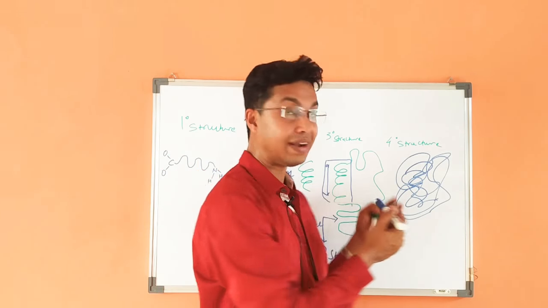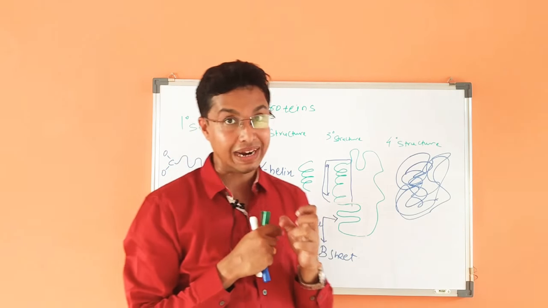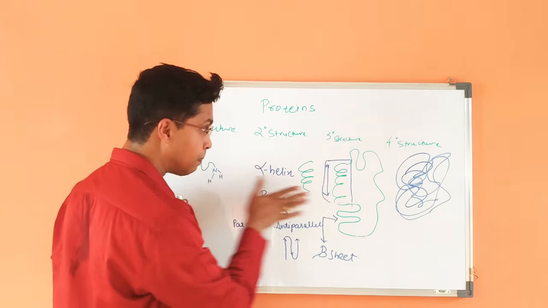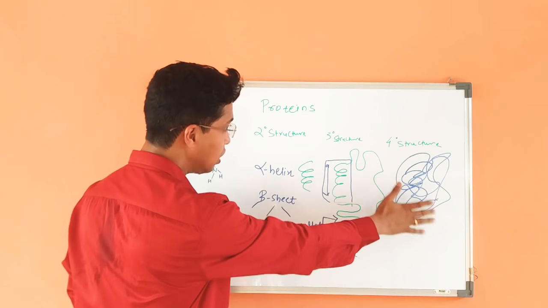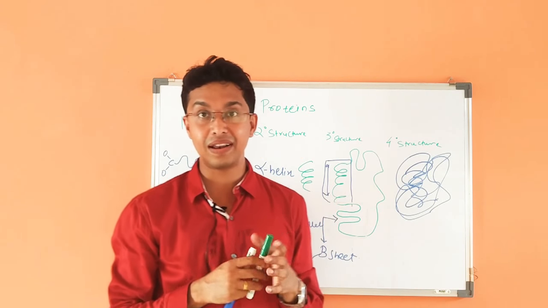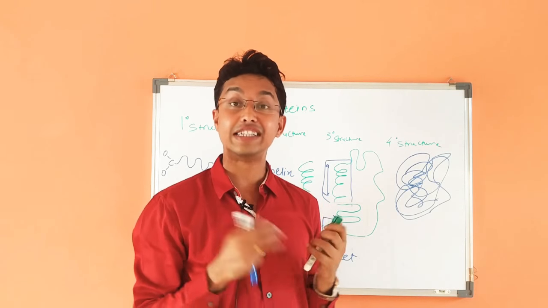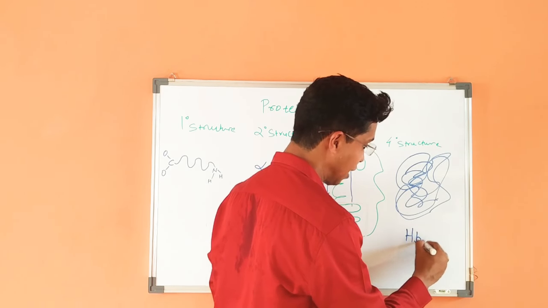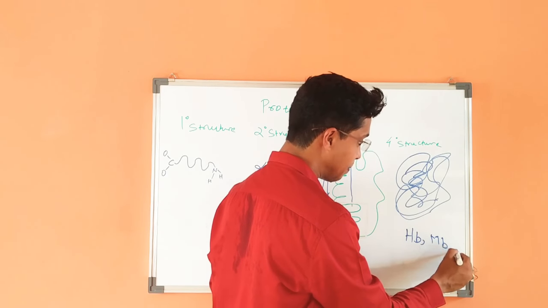Now the quaternary structure is a little bit complicated, and the complexity of structures will keep on increasing from primary to quaternary. In quaternary structure, the best example which we have studied so far is hemoglobin, right? Hemoglobin, or you can say myoglobin, are the best examples.